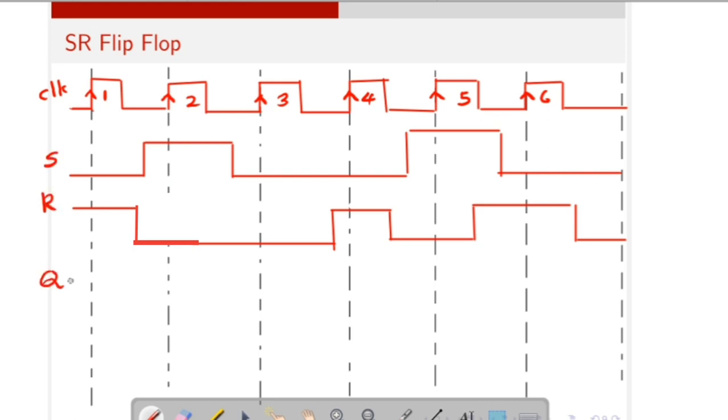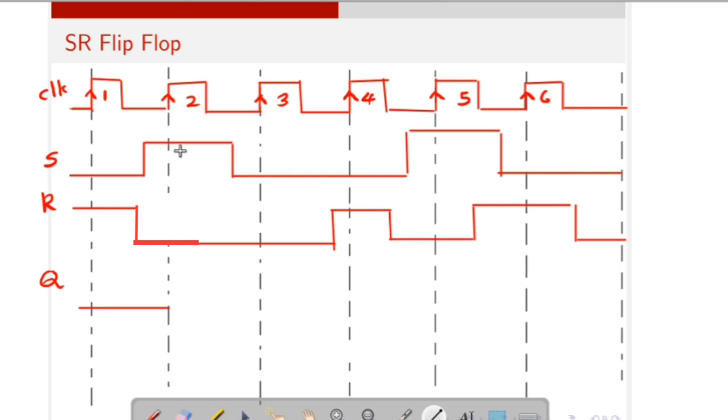So next we can draw the waveform of the output. Okay, so here this is the first clock pulse. During this edge the output is obtained based on the input. Okay, so here S is equal to 0 and R is equal to 1 means output is 0 for the first clock pulse, right?